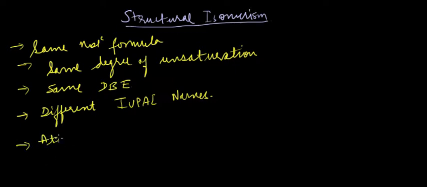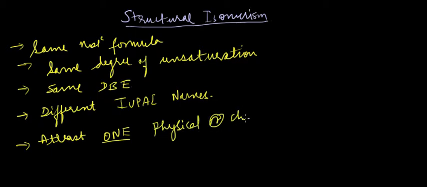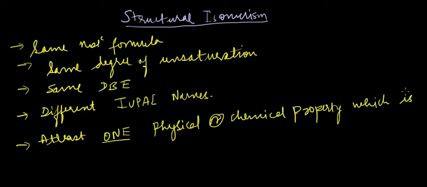So they have at least one physical or chemical property that is unique as compared to the other structural isomers, that is different than the rest.